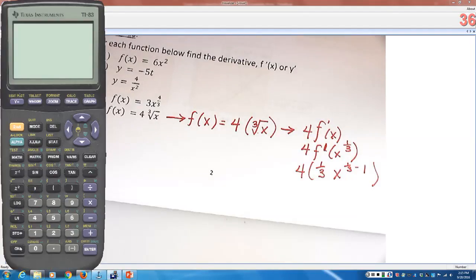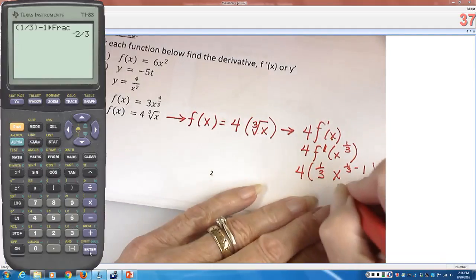Just get to your calculator and remember that parentheses 1 divided by 3, because fractions always go in parentheses, subtract 1, answered as a fraction, is -2/3. So not being able to do fractions is no excuse. You've got a calculator.